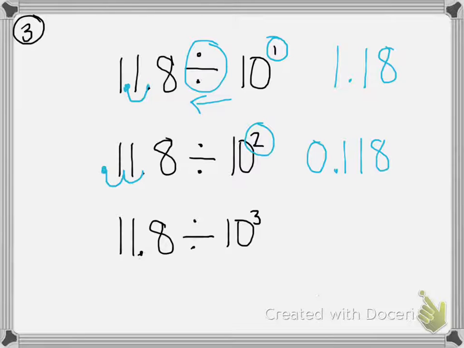The last one is 11 8/10 divided by 10 to the third, meaning move our decimal point to the left 3 times. 1, 2, 3. Since we have a blank space, we need to put a 0. So our answer is 118 ten-thousandths.